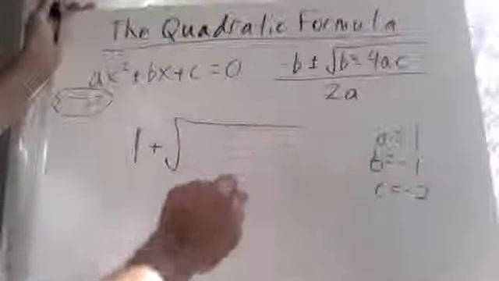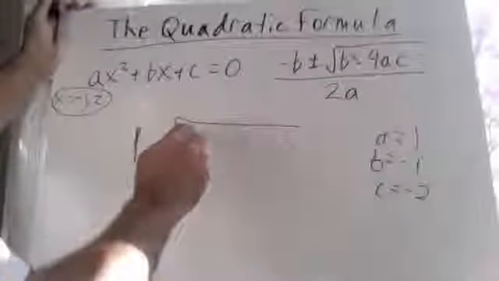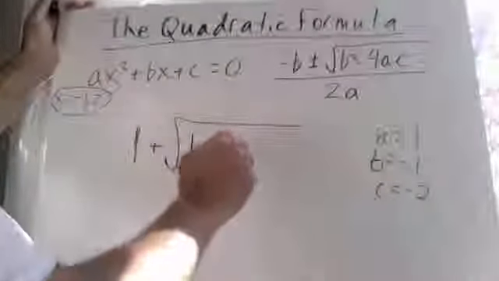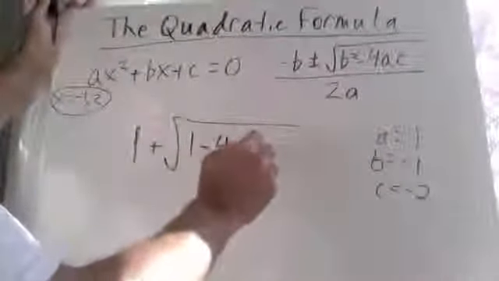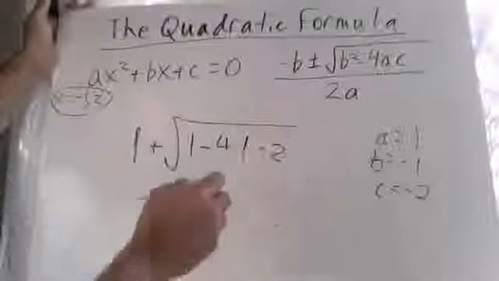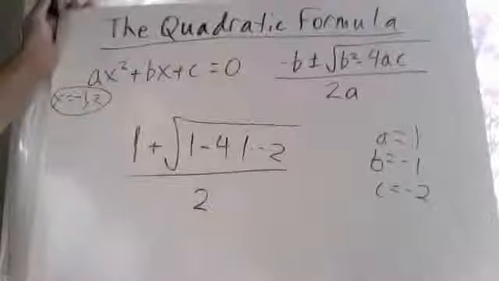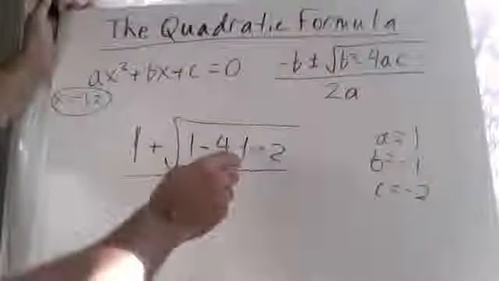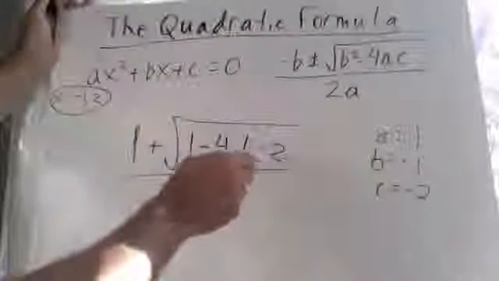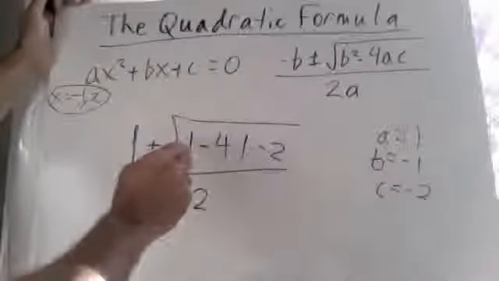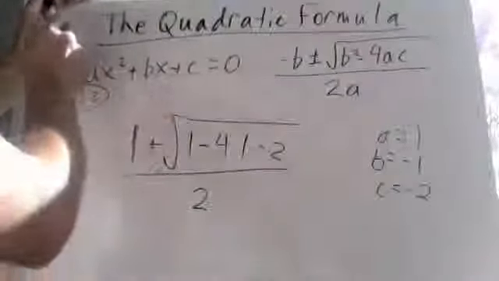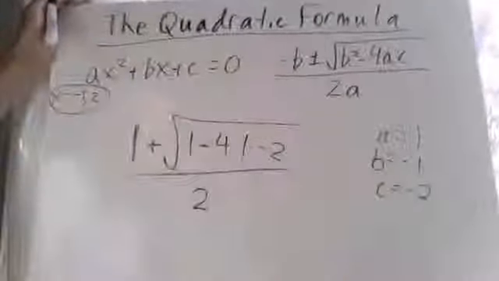Square root of b squared, which is 1, minus 4 times 1 times negative 2, all over 2 times a, which is 2. So let's simplify this. 1 times negative 2 is negative 2. Negative 2 times 4 is negative 8. 1 minus negative 8 is going to be 9.